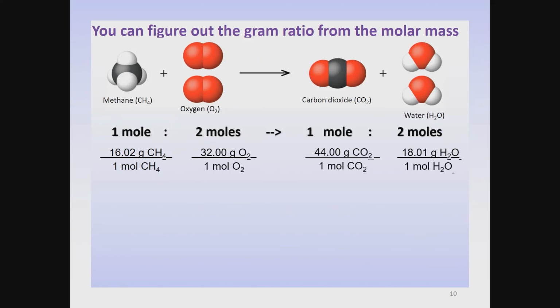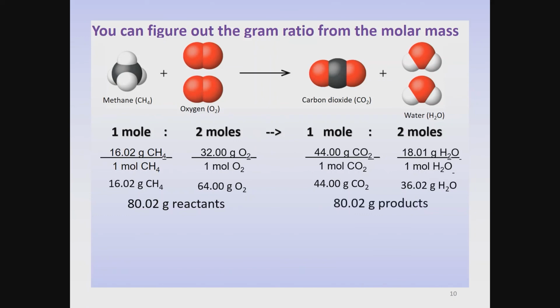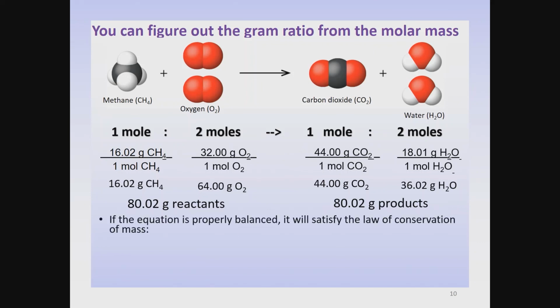Now, what you can do is take those molar masses and multiply them by the moles, and given this reaction, see what the masses are that react. If you do that, you get those numbers, which I'm showing you on the screen, and as it turns out, you have 80.02 grams of reactants, and also 80.02 grams of products, and so we have a really nice mass balance here.